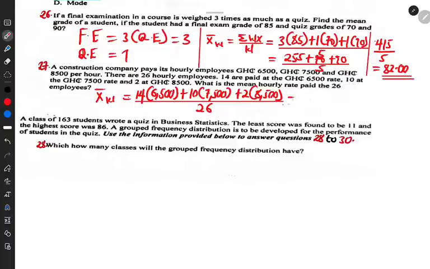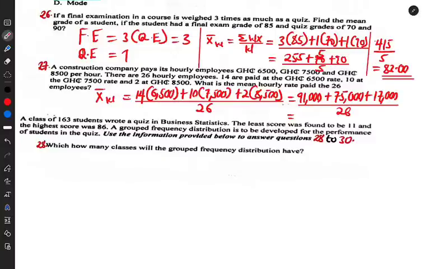So we have 91,000 for the first, 14 by 6,500. The second one gives 75,000. The last one gives 17,000. All divided by 26.